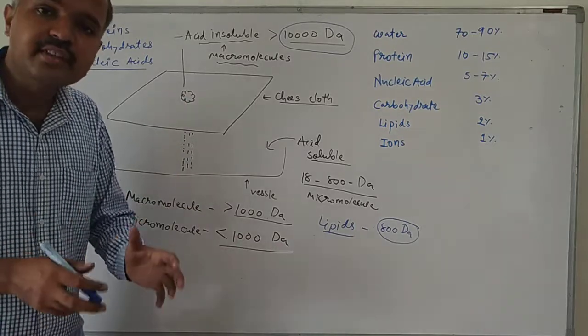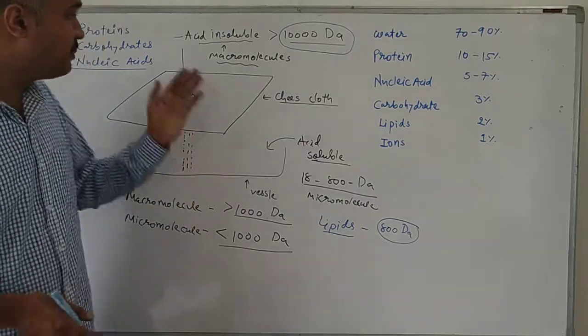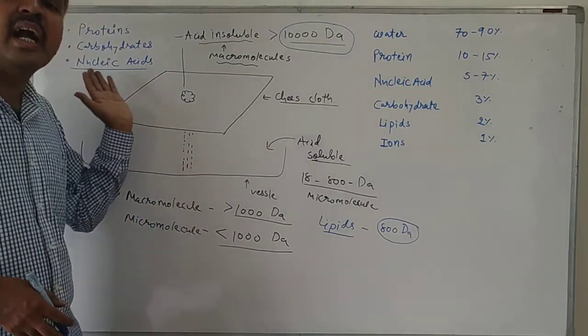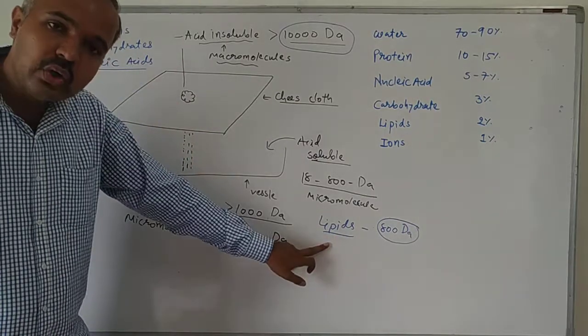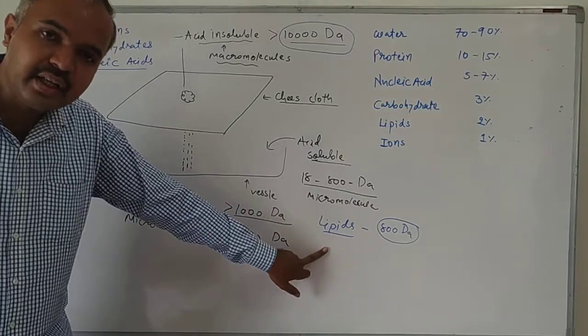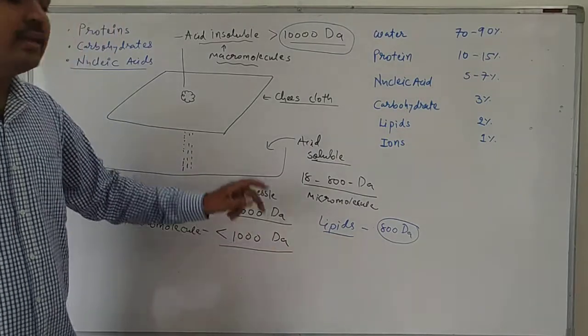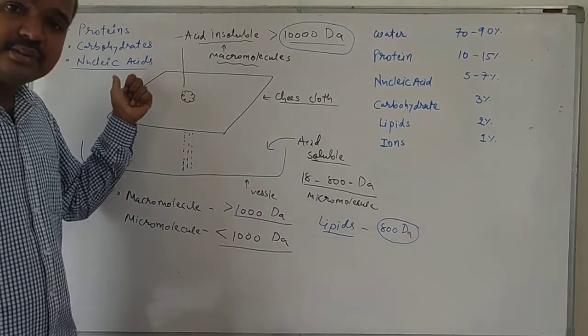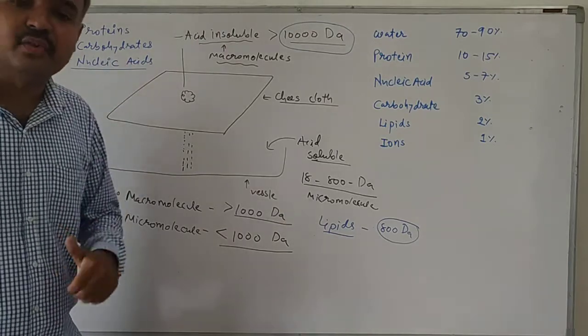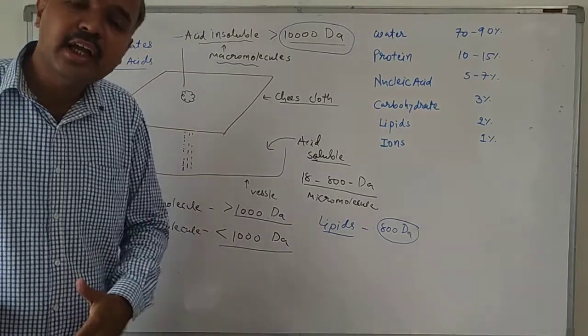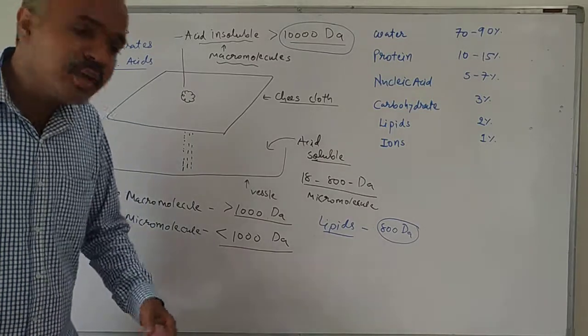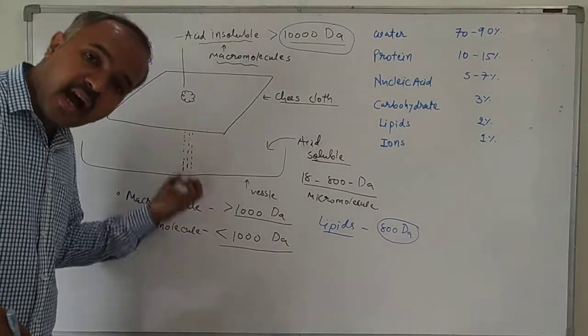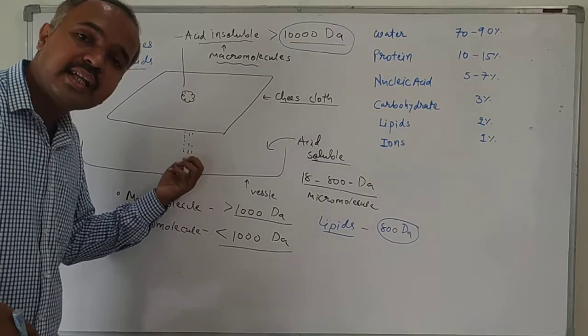Though its molecular weight is low, lipid is present with substances which have high molecular weight. So how is it possible? If the molecular weight of lipid is low, it should have been filtered down and accumulated in the vessel.